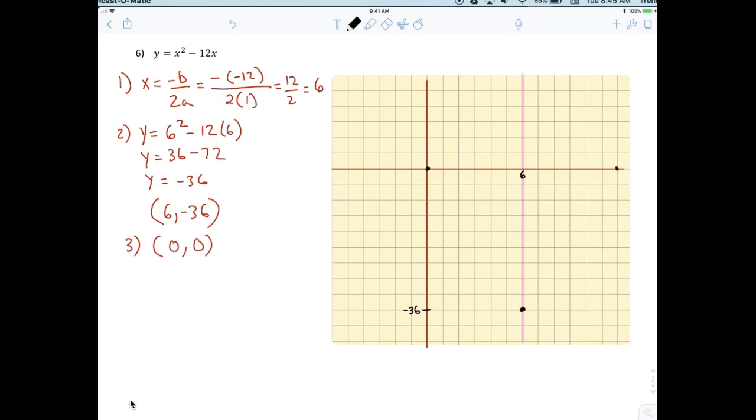So it should be right here. Everybody agree with that? And then you can kind of try to draw the parabola. Goes with nothing to it, just practice. All right. Any issues?